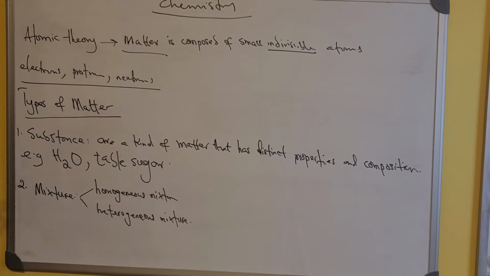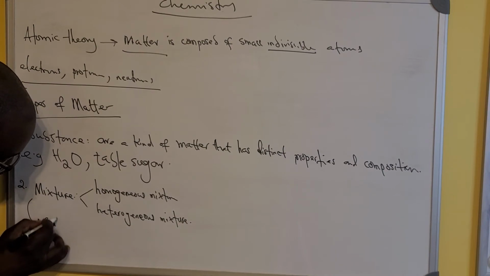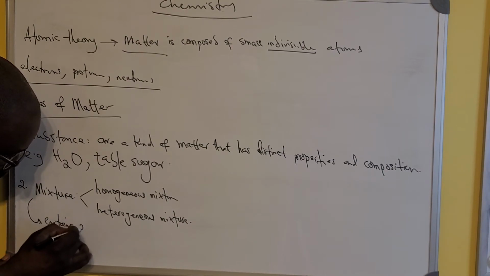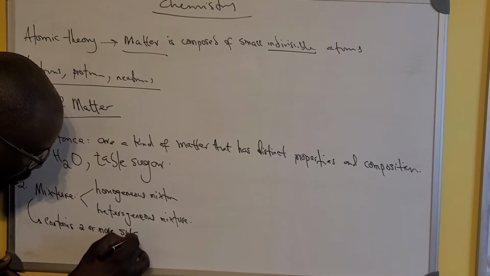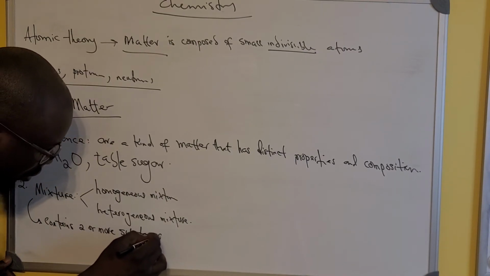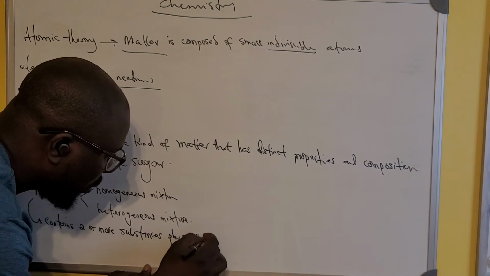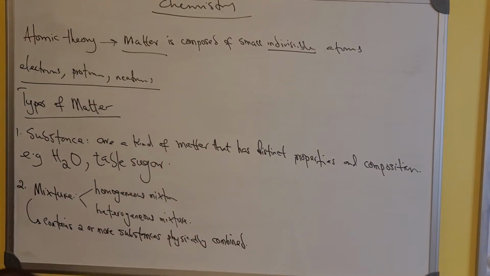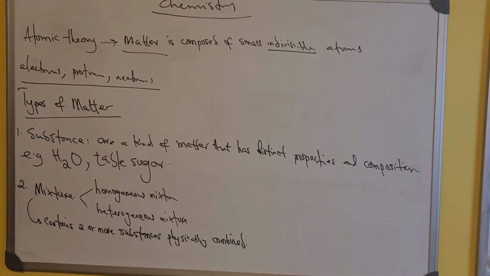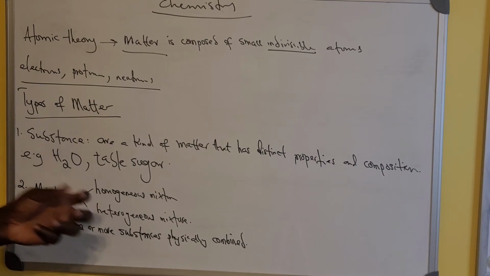A mixture contains 2 or more substances physically combined. That's the mixture. 2 or more substances physically combined. And the mixture can either be homogeneous or heterogeneous.